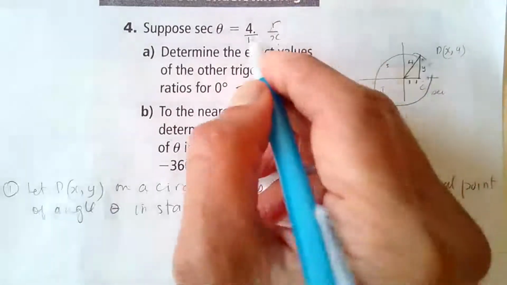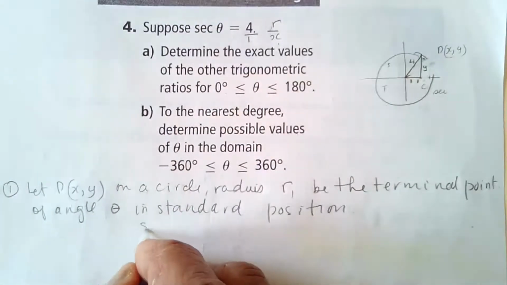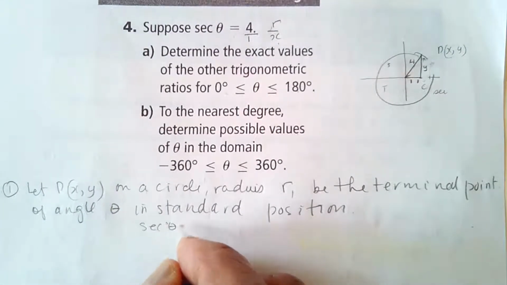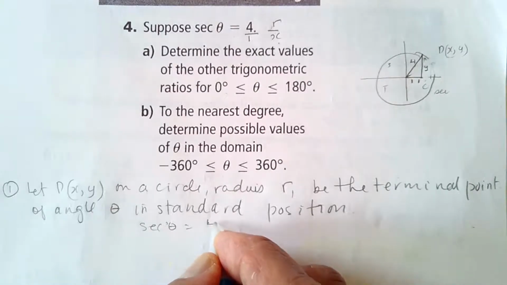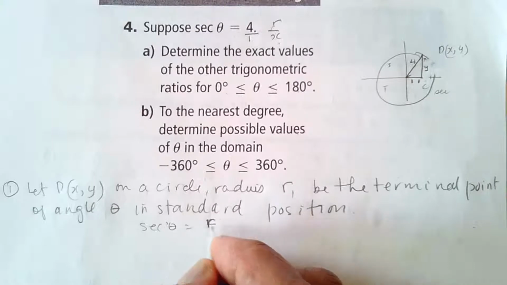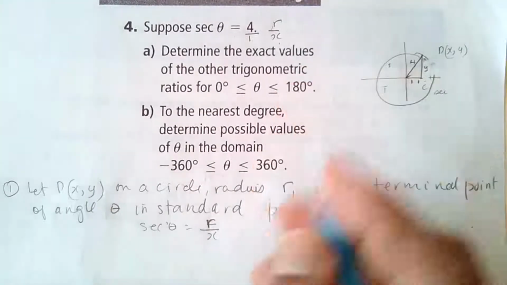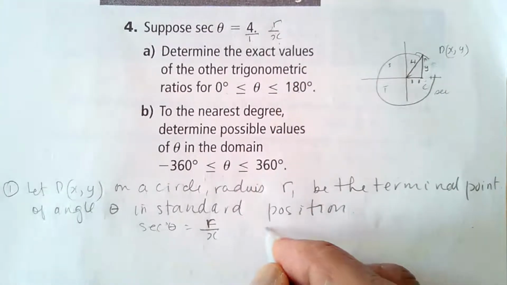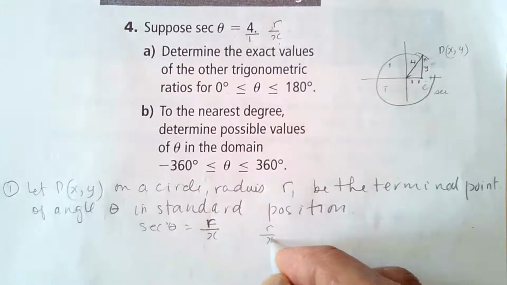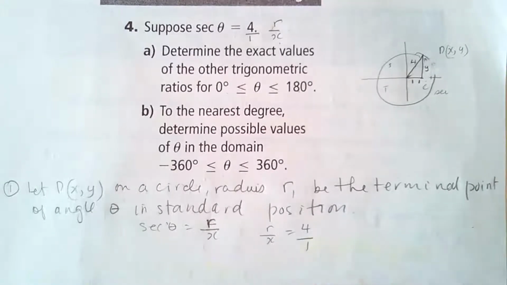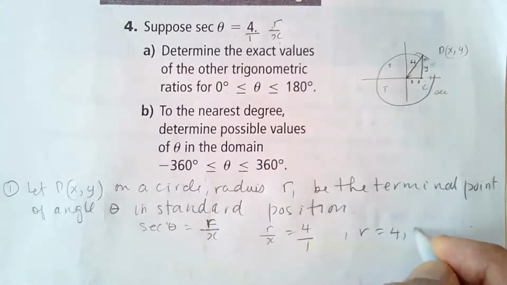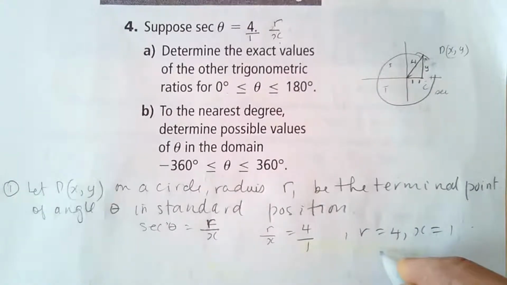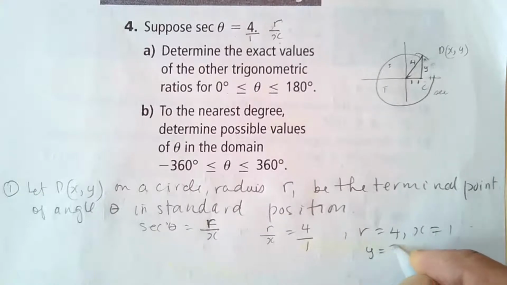Remember we have secant theta equal to r over x, which is 4 over 1. So r is equal to 4, x is equal to 1. We need to find y.